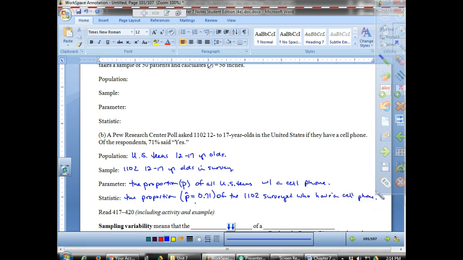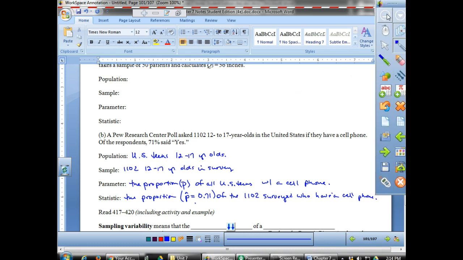We're not really going to ask all U.S. teens between 12 to 17 and find the true proportion of the population. We're going to create a sample. This sample happens to have 1,102 12 to 17-year-olds, and we ask those in the sample. We use that P hat to estimate the true proportion of teens that have a cell phone.